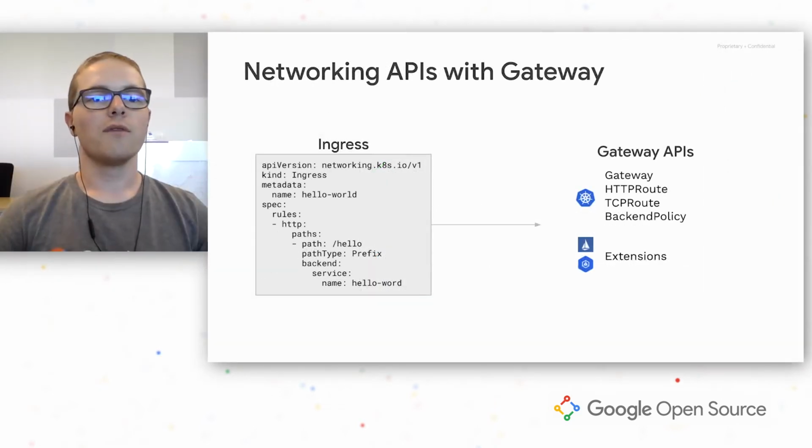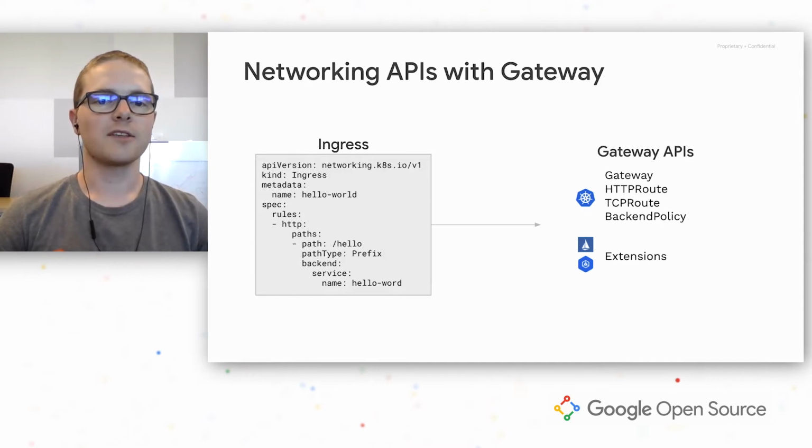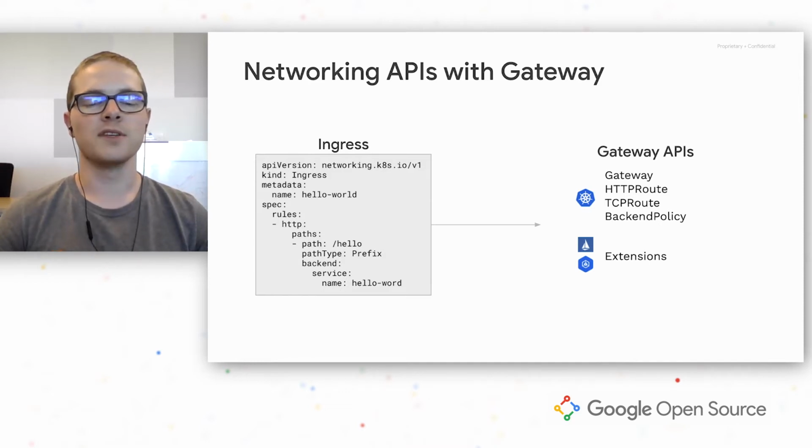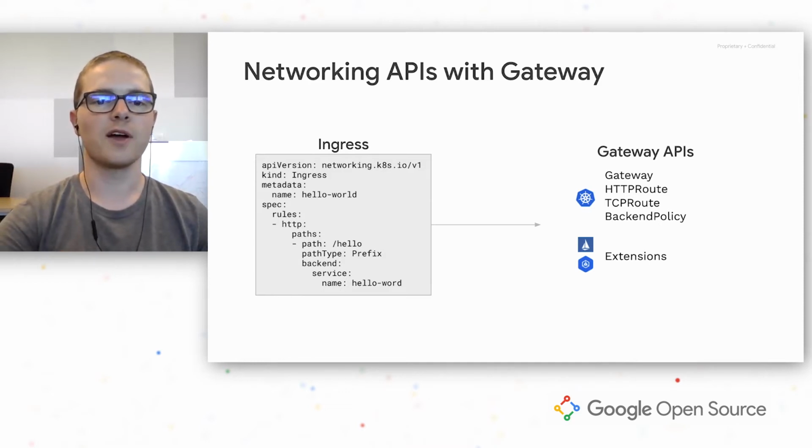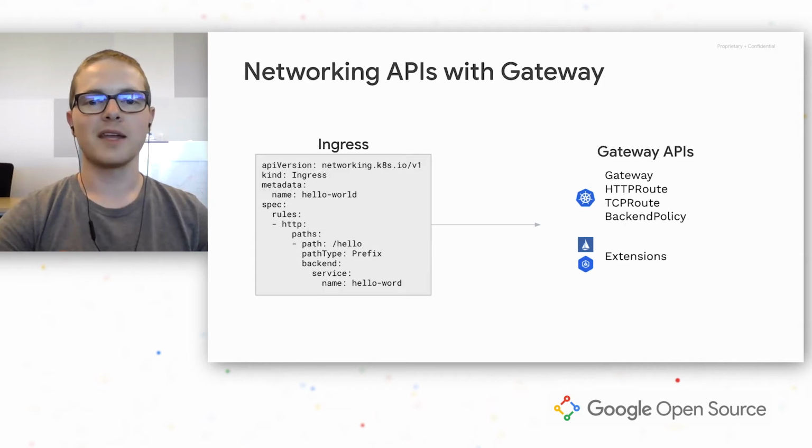To solve all these issues, the Kubernetes community has been working closely with Istio as well as a number of other Ingress providers on creating a new API that we call the Gateway API. It does happen to have the same name as the Istio one, but it is a distinct resource, so I'll try to avoid confusion with the naming there.